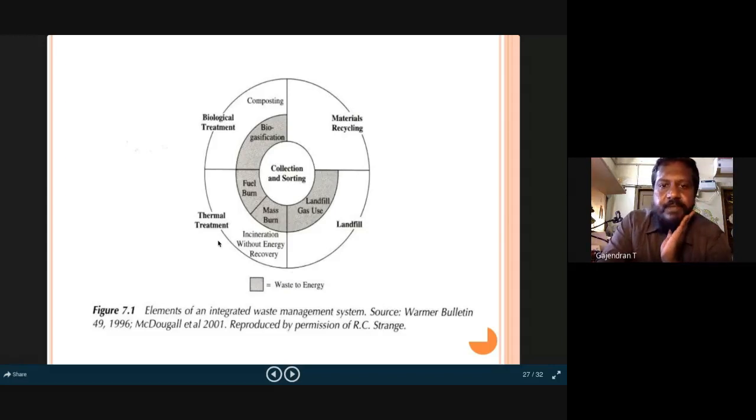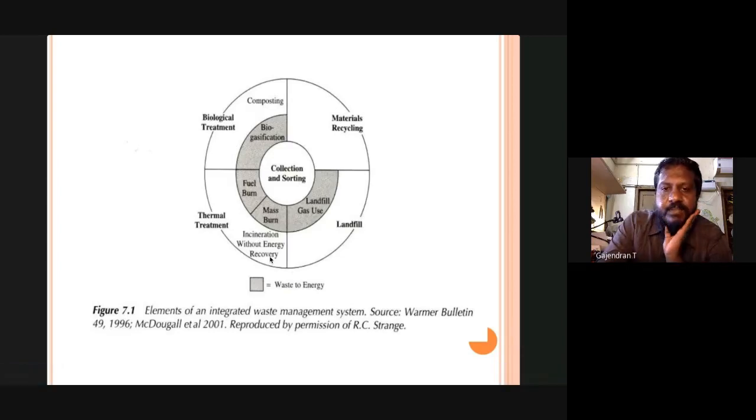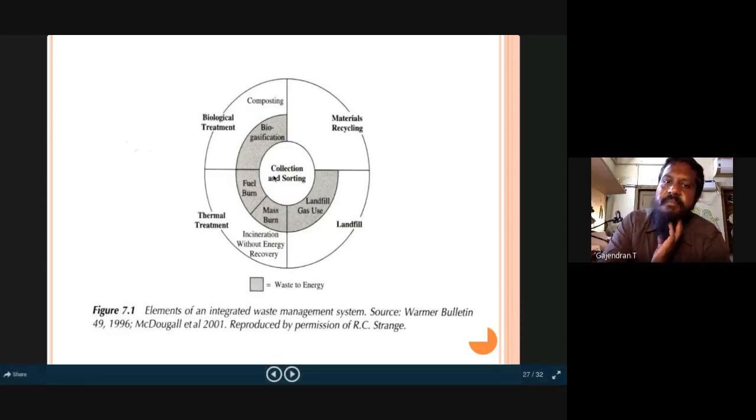Thermal treatment: incineration without energy, that is left to decay with the normal sunlight. Mass burning, fuel burning, and after the burning, what is left over can be collected and sorted. Biological treatment: composting, and from the composting, what do you get? Again, biogasification is methane production, and then you can utilize it. This is integrated waste management.